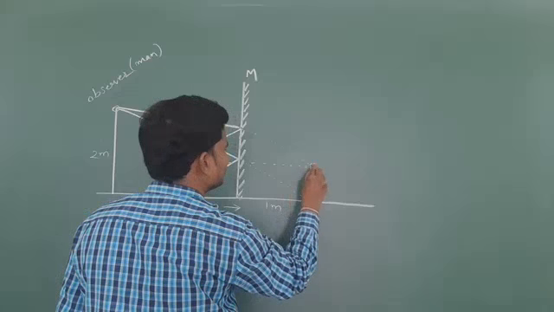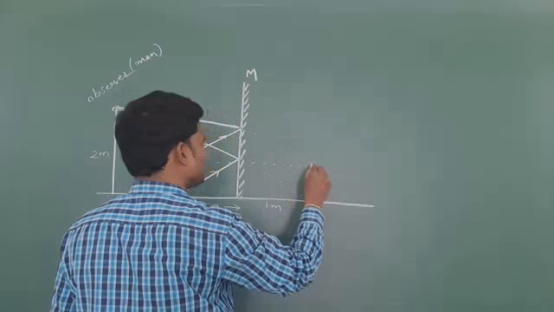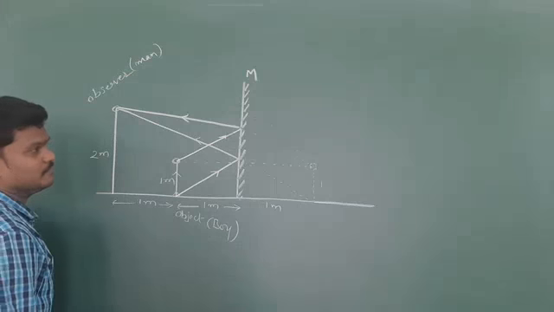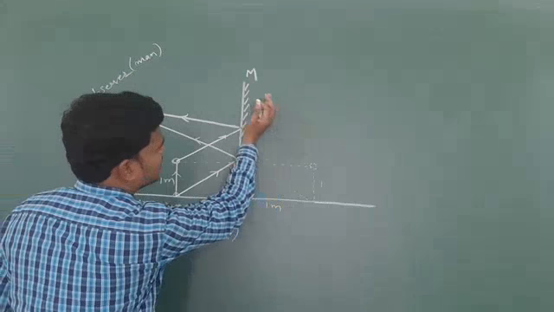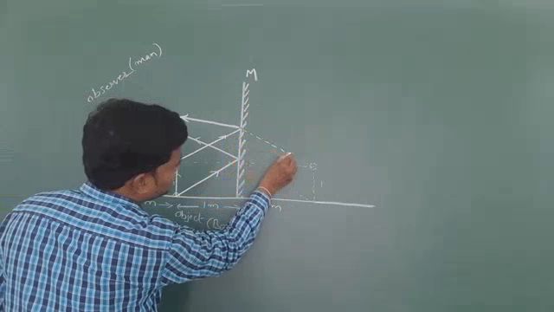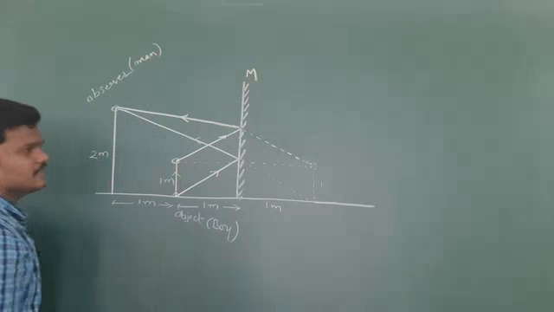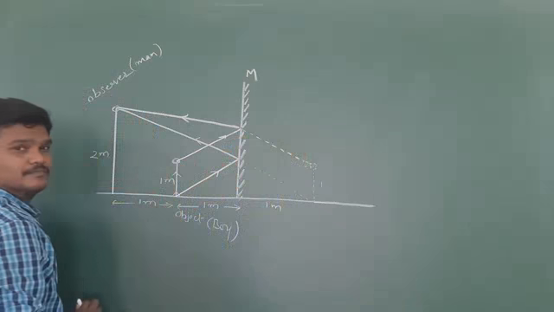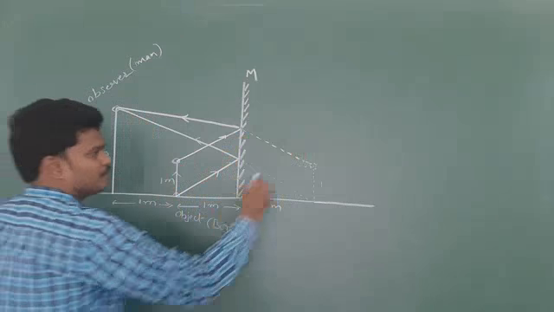Now this is the image of the object, the image of the object at 1 meter. Just extend the light rays in the backward direction. This is the image of the object, the boy.